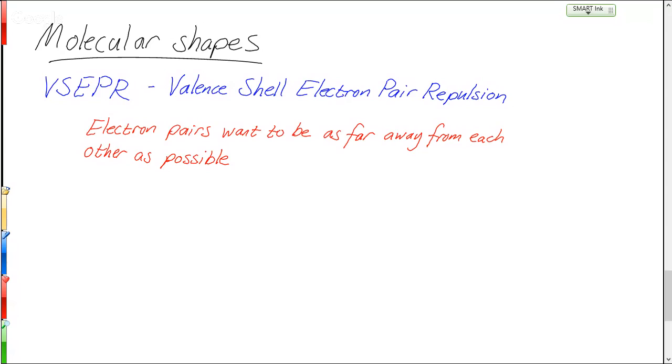And where are the electron pairs in molecules? They're in bonds and in lone pairs. So the electron pairs that we're talking about here are both the bonds and the non-bonding electrons.